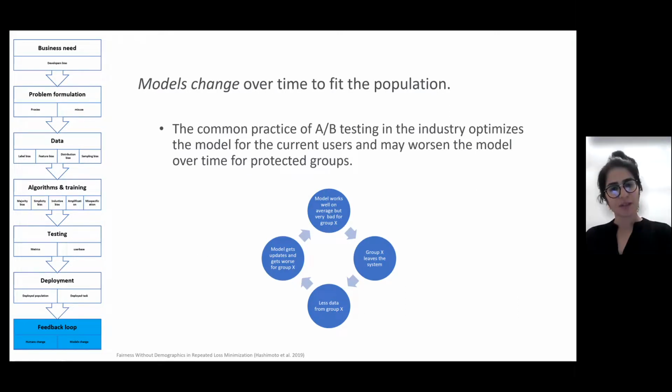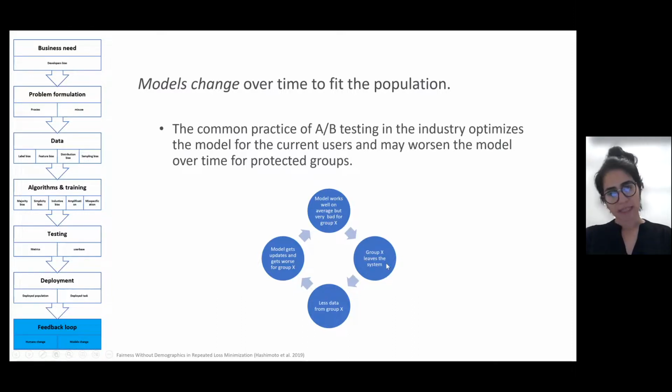So as humans change their behavior, the model changes to fit the population. We all know about A/B testing in the industry, which optimizes the model for the current users. And then this optimization may worsen the model over time for protected groups. This has been shown in some great papers from LinkedIn, but just to give you an example, let's say you have a model that works well on average, but very badly for group X. Because it's bad for group X, they would leave the system.